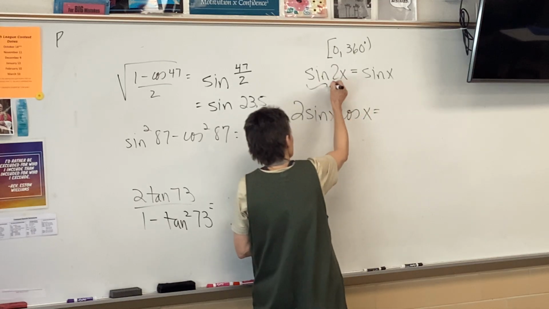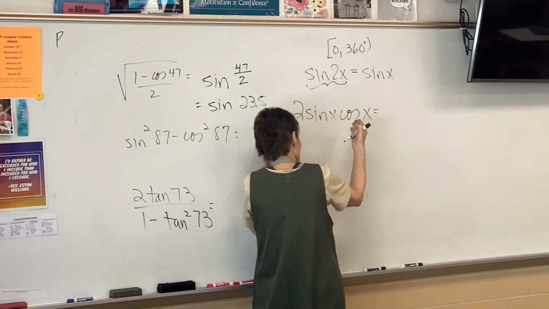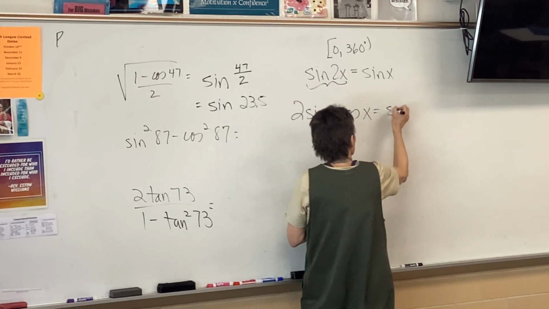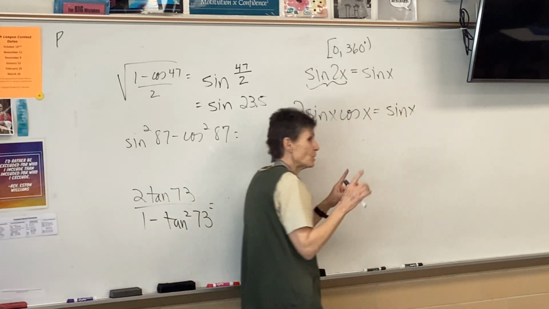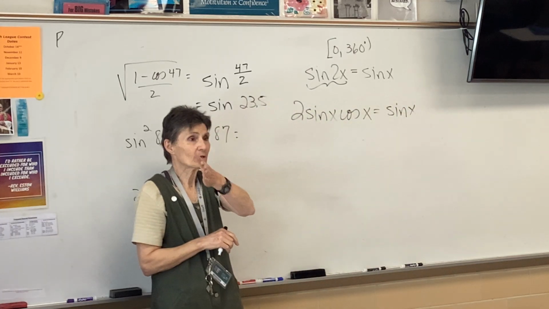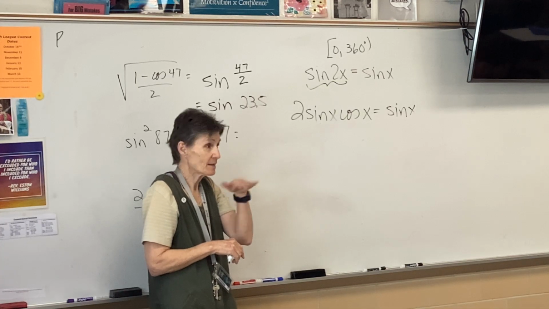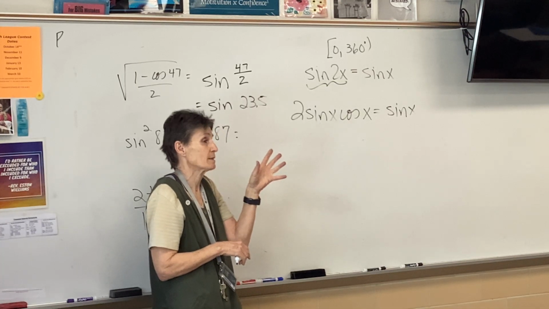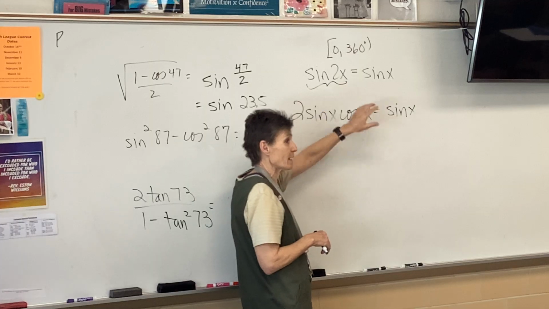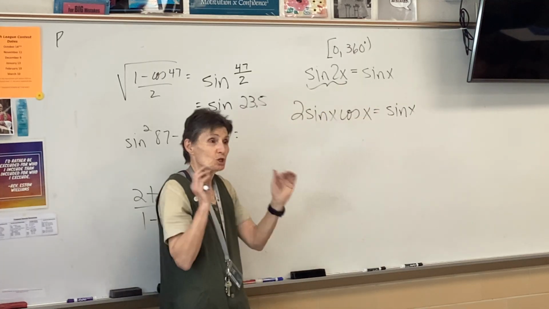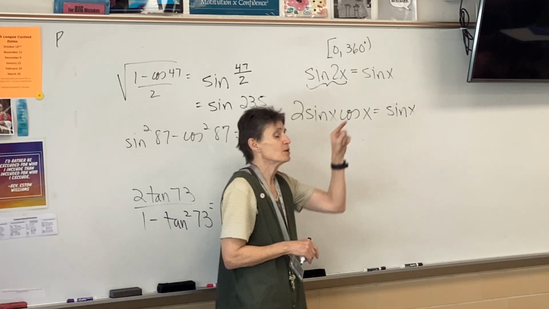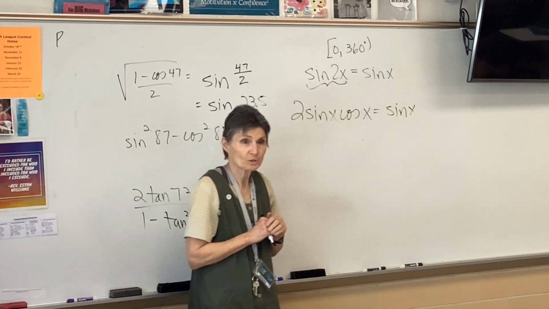So I'm going to change this into what it says on my sheet. And now notice that all my variables are x's. Okay, that's good news. That's what you want. So we started with a 2x, don't want it, change it, you have formulas on your sheet to change it.